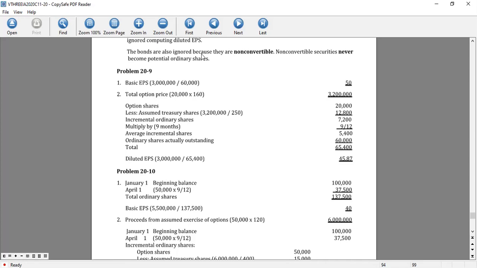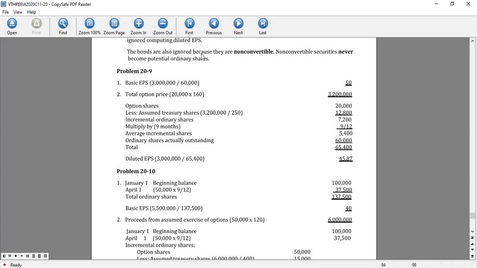The assumed treasury shares is taken by dividing 3.2 million by 250. So 3.2 million divided by 250. Now we get 12,800.